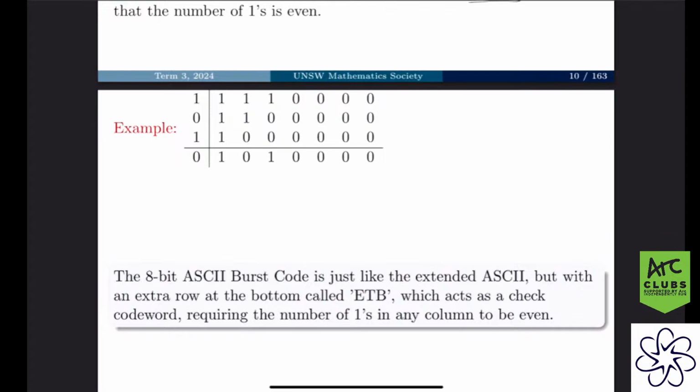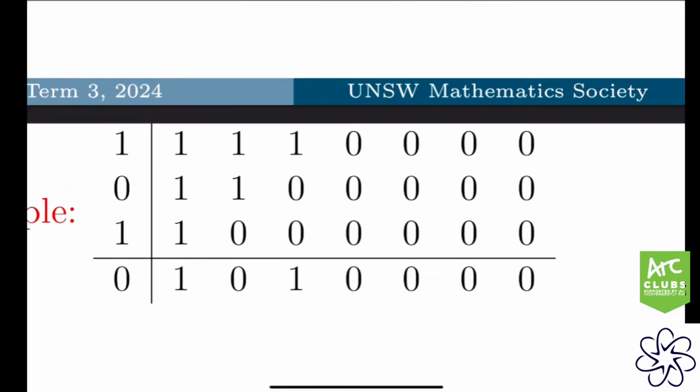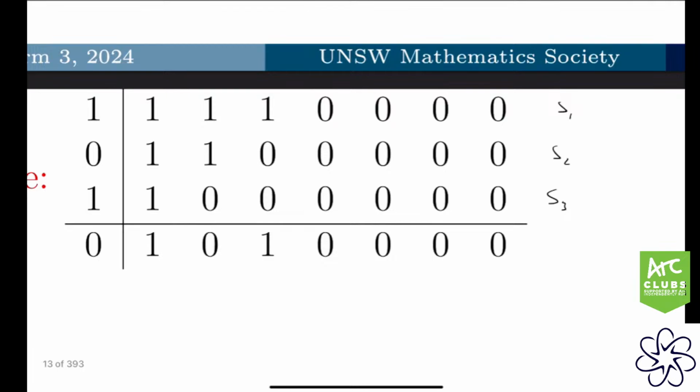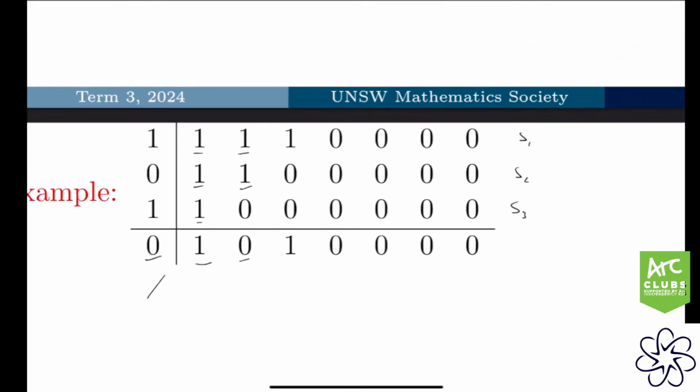And it requires, similarly to the check bit, that each column has even parity, right? So if we have these 3 code words that represent these 3 source words, if we look at the parity here, we've got 2 ones, so we put a 0. If we have 3 ones, then we put an additional 1, right? And then if we have 2 ones, then we have a 0, and so forth.